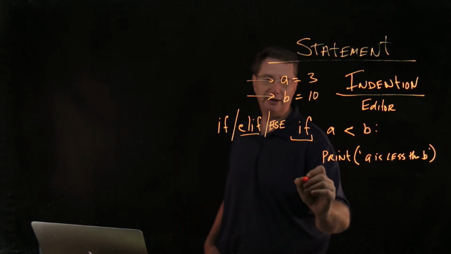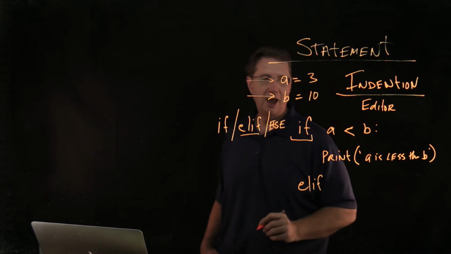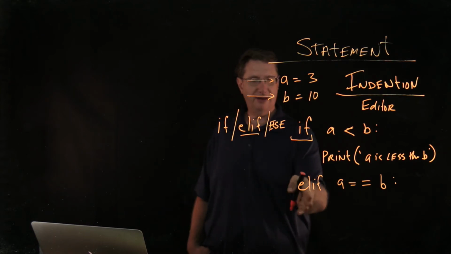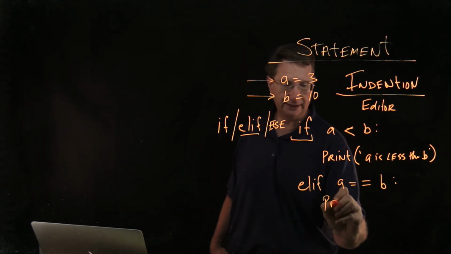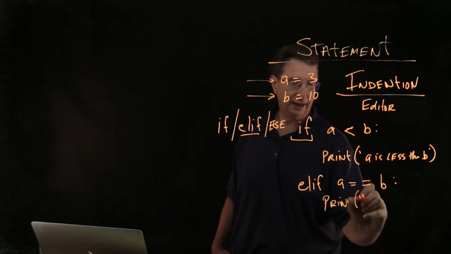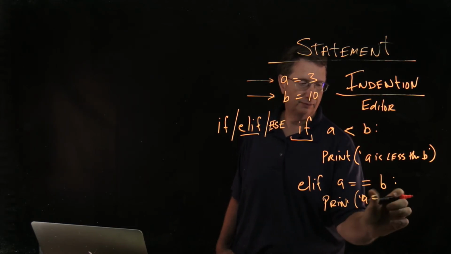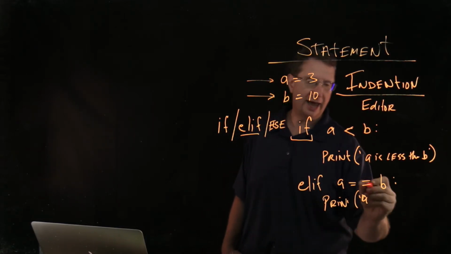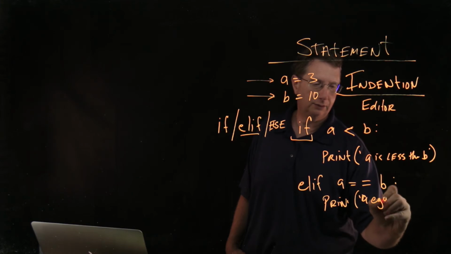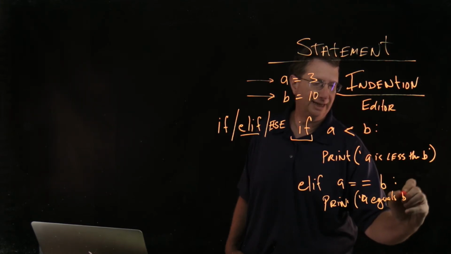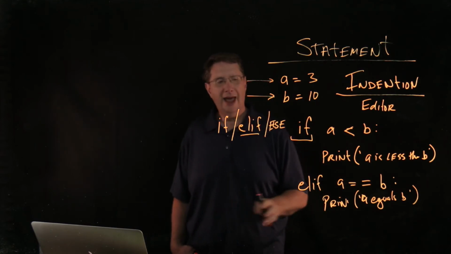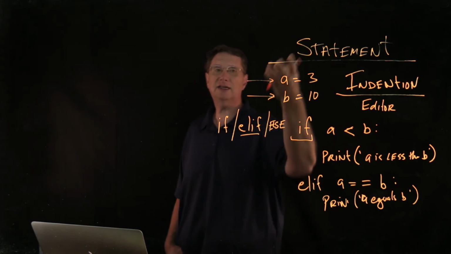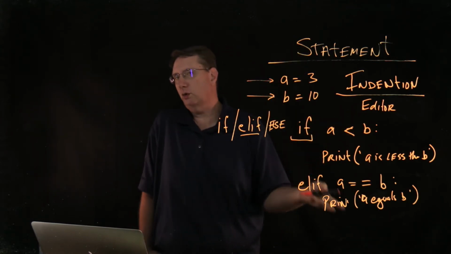As an example, I could come in here and say elif A equals B, colon, and then I've got to indent and say print, A equals B. In this comparison, it can only be less than, equal to, or greater than.